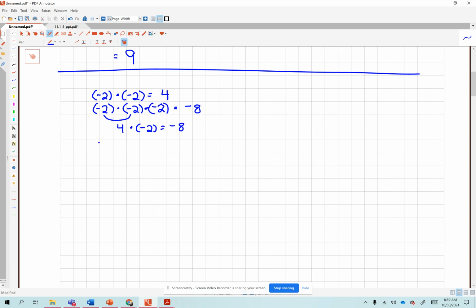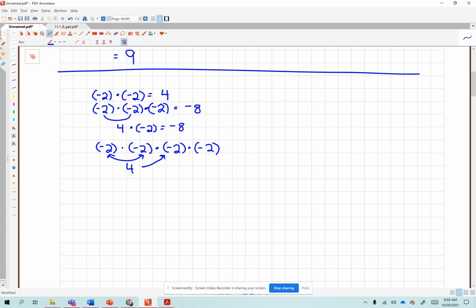But what if we do it again? Let's rewrite this: negative 2 times negative 2 times negative 2 times negative 2. Negative 2 times negative 2 is positive 4.